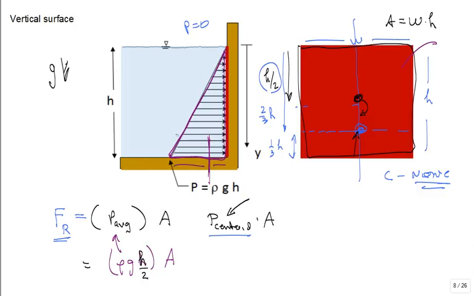It would be right here, 1/3, 2/3. Right there would be the centroid of the triangle. True? That is the triangle is of the pressure distribution, and the resultant force goes through the quote-unquote centroid of the triangle force distribution.